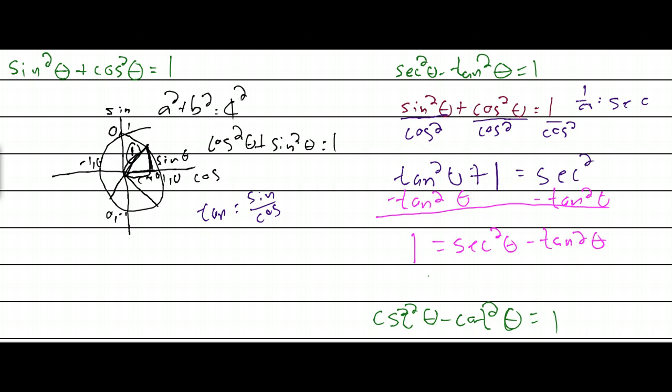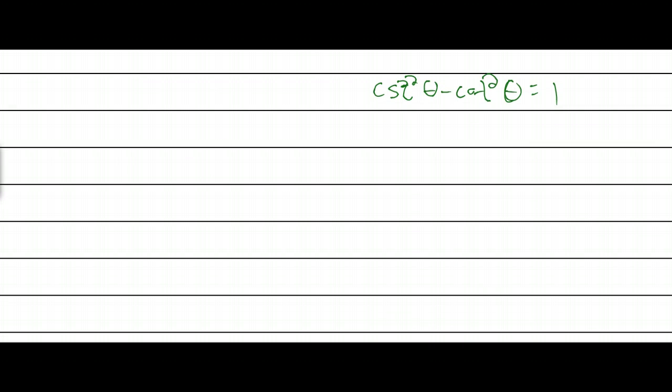Okay? So we're going to do the same thing for cosecant squared minus cotangent squared. Once again, we're going to use sine squared theta plus cosine squared theta is equal to 1. Now we want cotangent, and cotangent is cosine over sine. So we need to divide everything by sine squared theta.